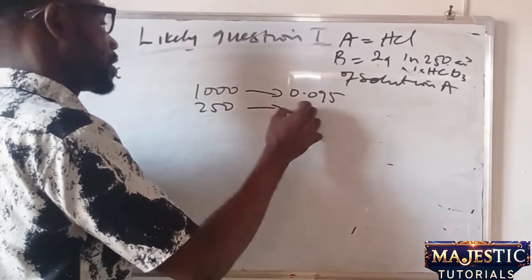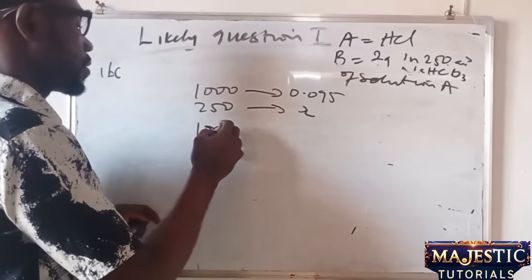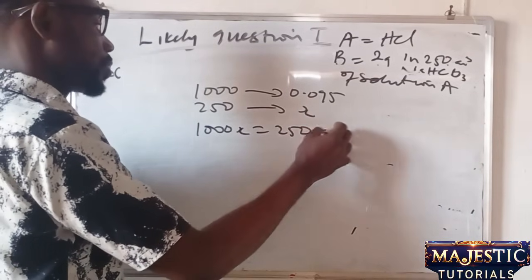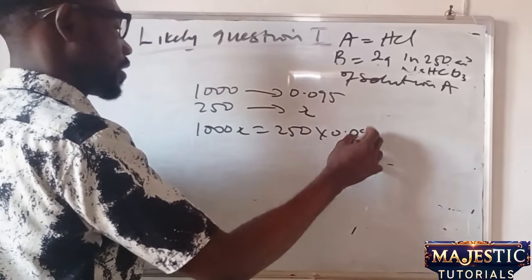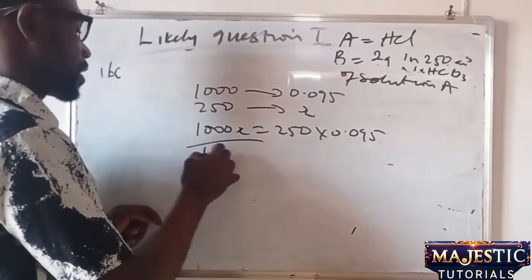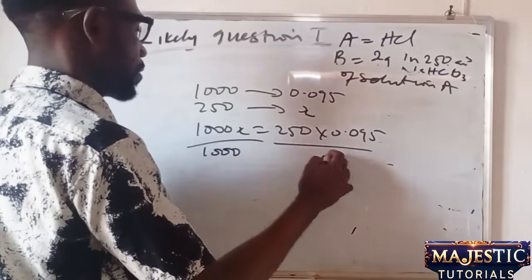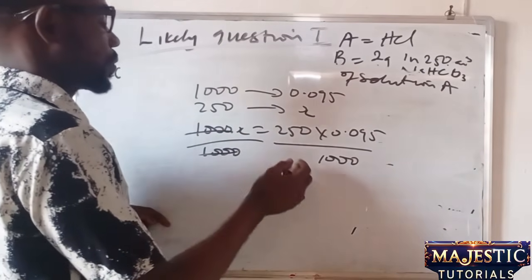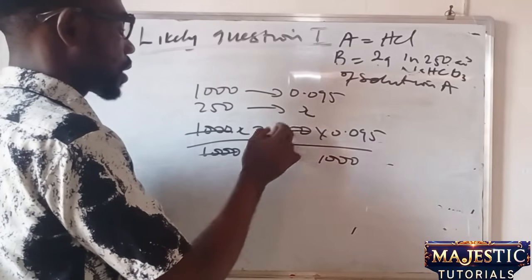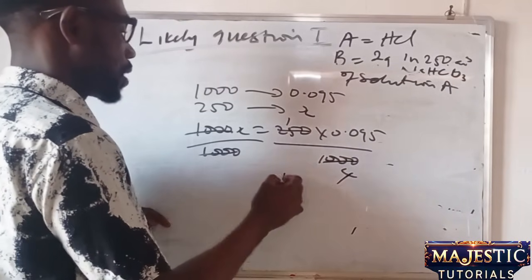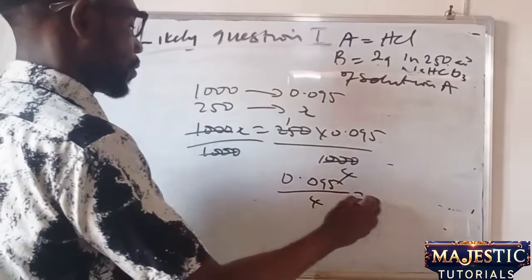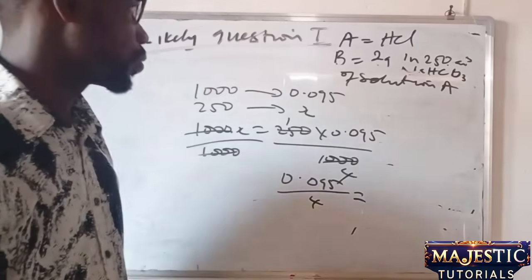250 will contain x. You cross multiply: 1000 x is equal to 250 times 0.095. We now divide both sides by 1000. So you cancel, which implies that this becomes 1. So 0.095 divided by 4 will give us 0.024.